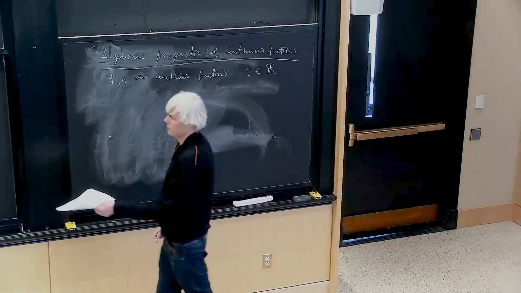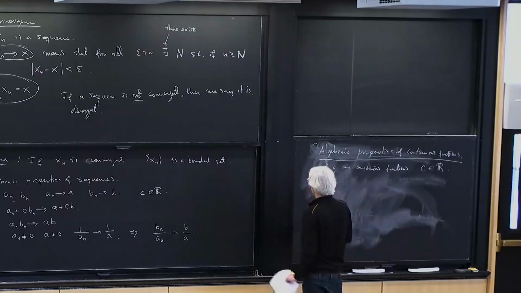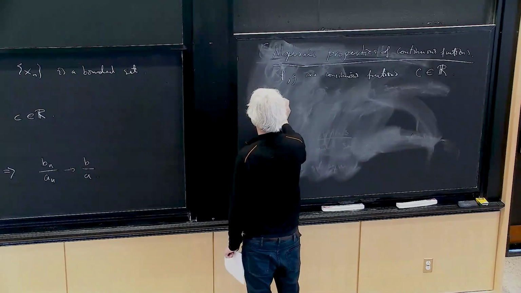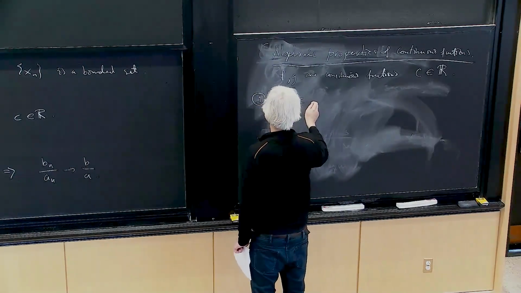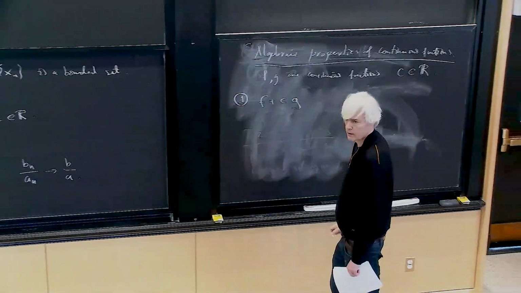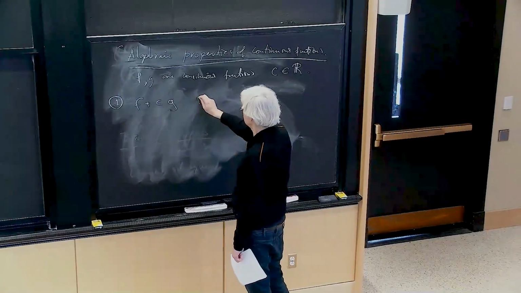Property 1 is that f plus c times g is also continuous. Property 2 is that f times g is also continuous.